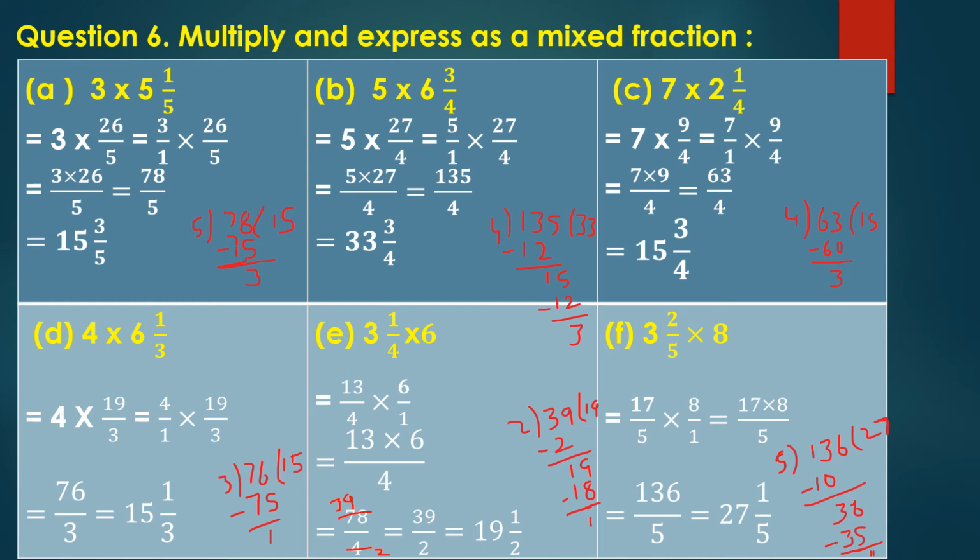The next one, 3 2 by 5 into 8. Now 5 2s are 10 plus 2, 17. So 17 by 5 into 8 by 1, which is equal to 17 into 8 divided by 5 into 1, 5.